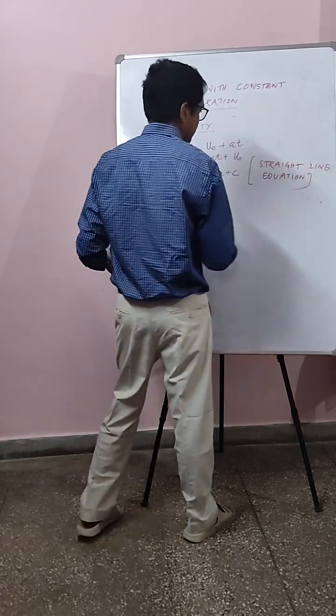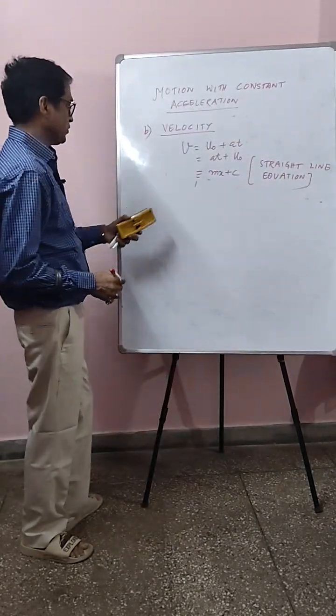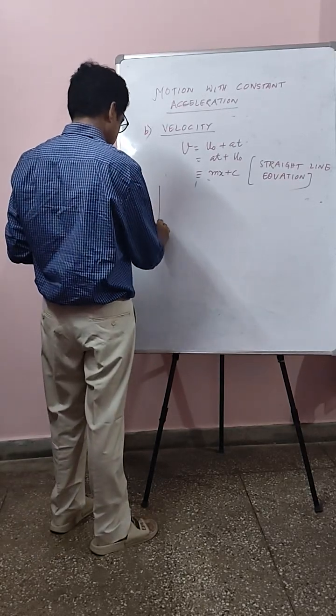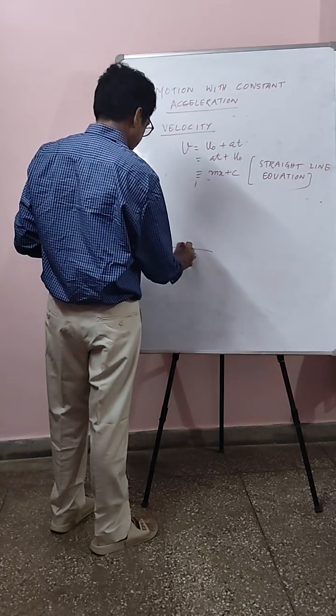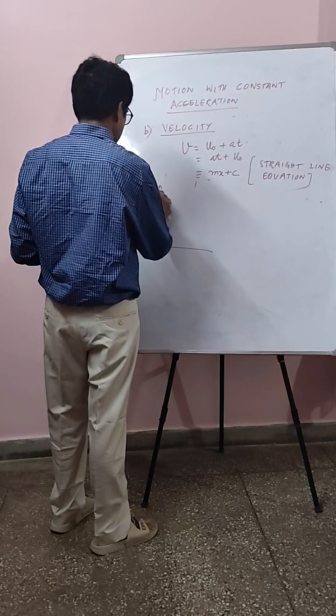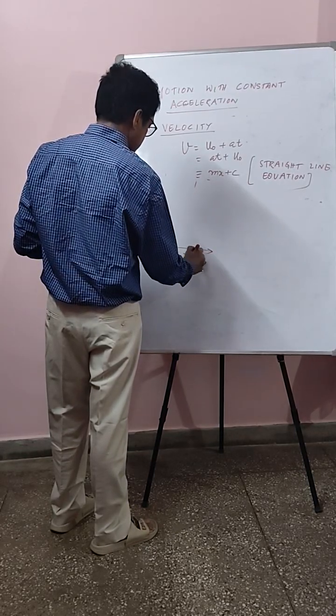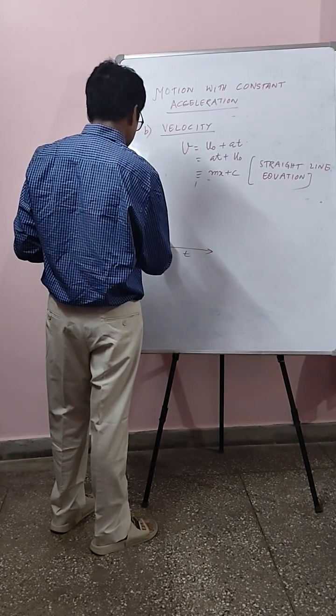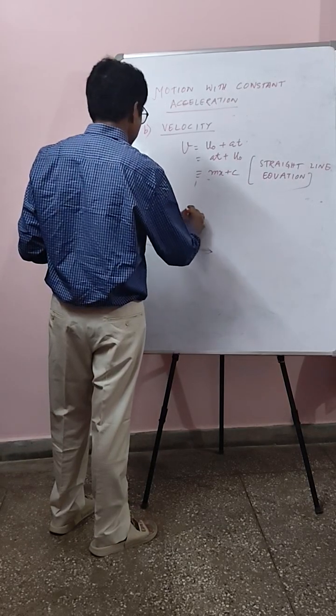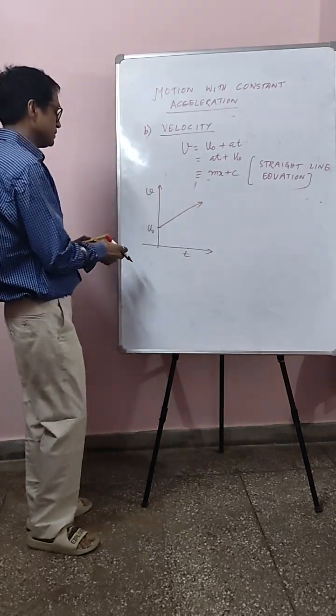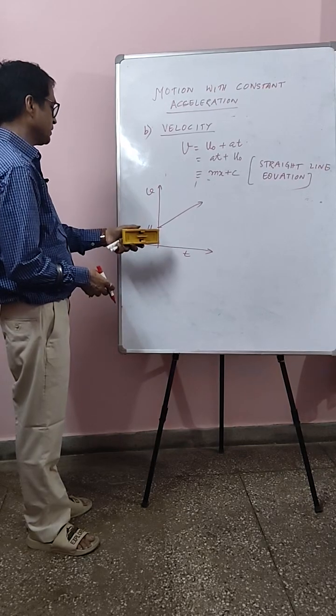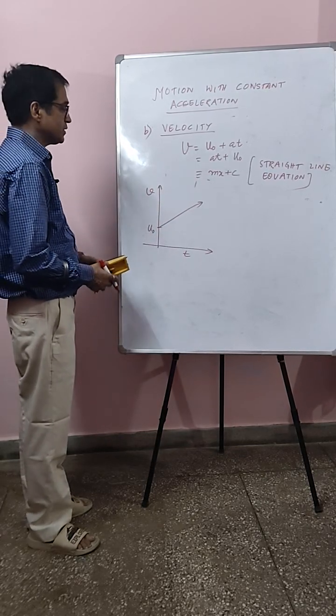This is velocity, this is time. We take some initial velocity u0, and this is a straight line. This is the nature of the velocity-time graph when acceleration is constant.